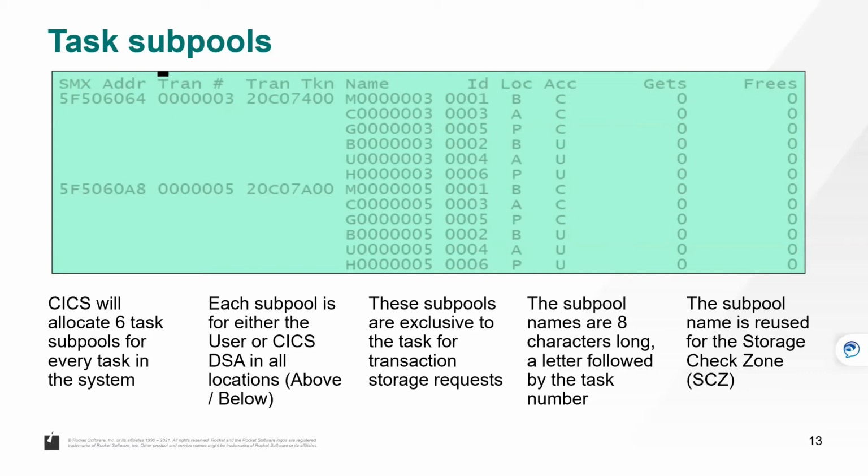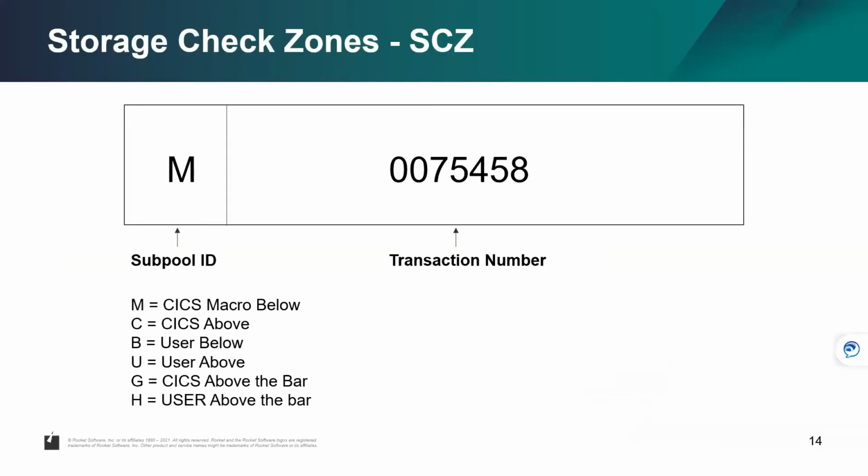Now, these subpools are exclusive to your task, and the names have a certain meaning, right? We're going to see that in just a second, but obviously there's always a letter followed by the task number. So what does that actually mean? Well, the letter is the identifier of the storage. So M is CICS macro, so it's below the line in CICS storage. And then C is CICS above the line storage.